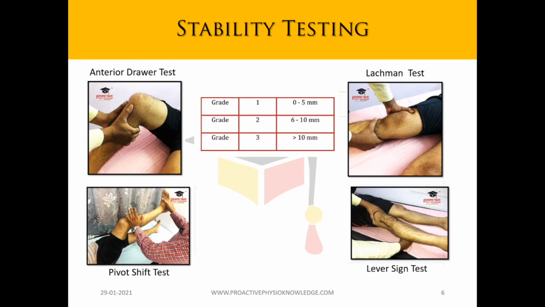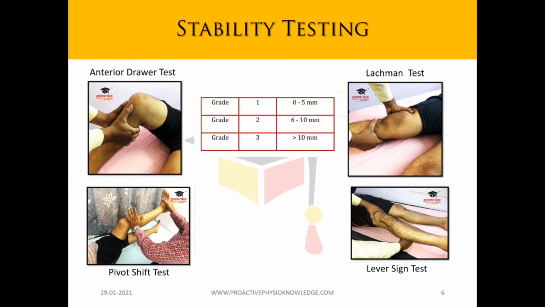Physical examination tests are specifically designed to check the integrity of the ACL. You should do the test on the opposite side also. These are the tests that we as clinicians usually use to identify ACL injury. The Lachman test is very popular and has good specificity as well as sensitivity.